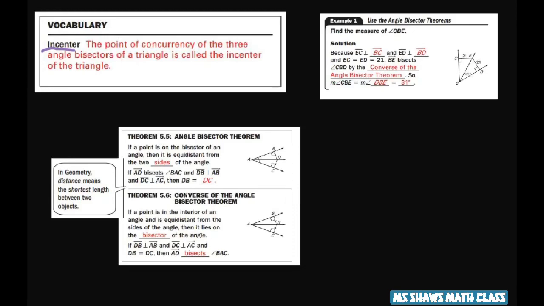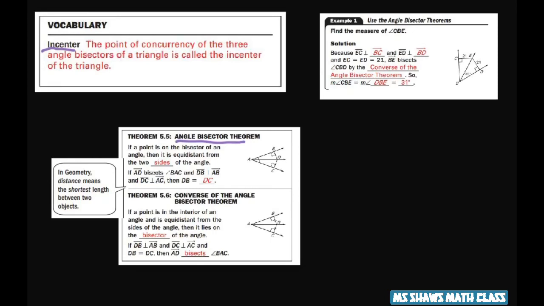So here is a theorem. The angle bisector theorem. If a point is on a bisector of an angle, then it is equidistant from the two sides of the angle.